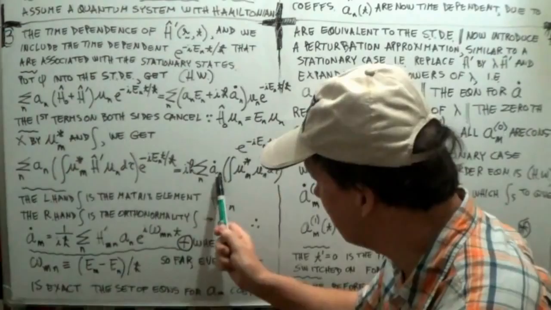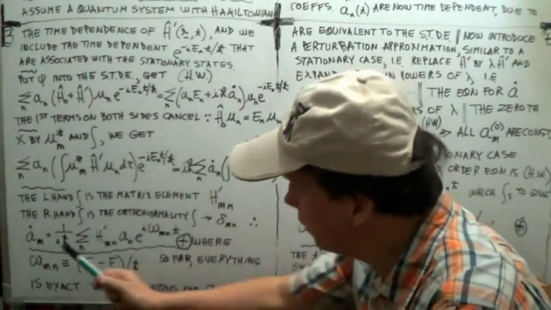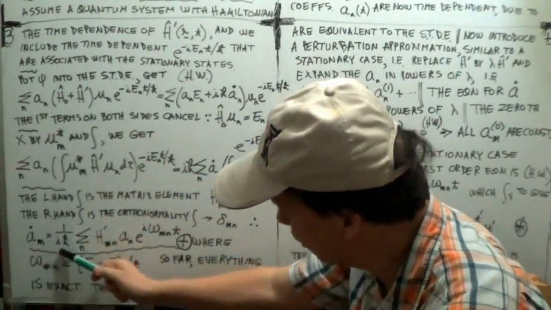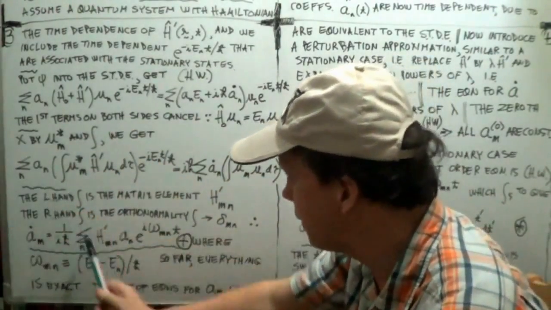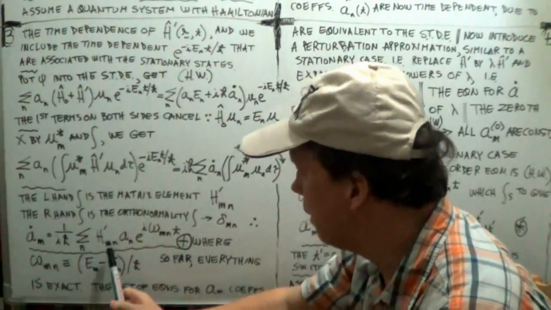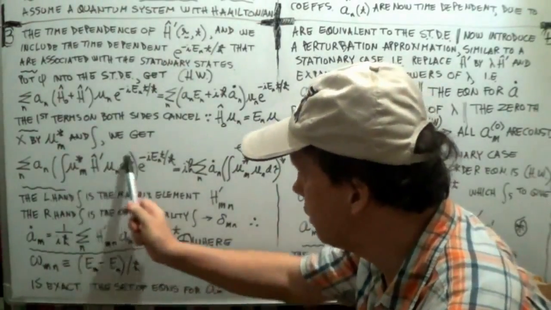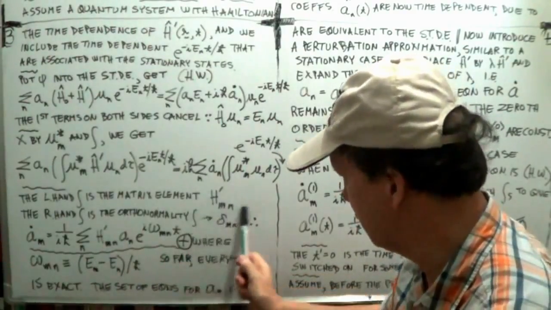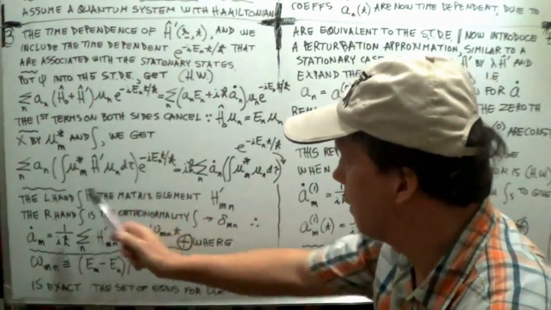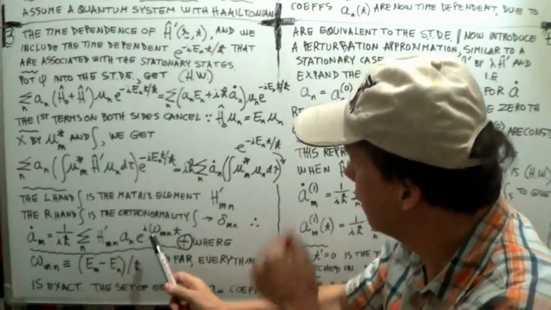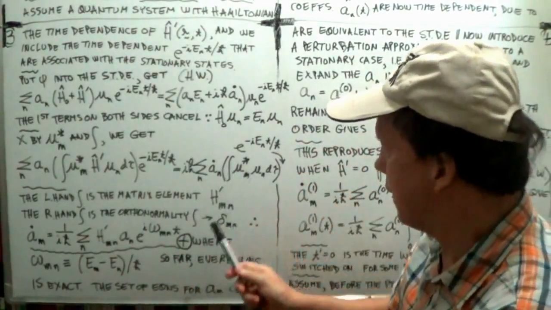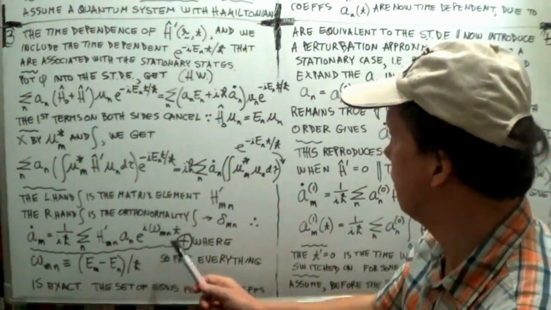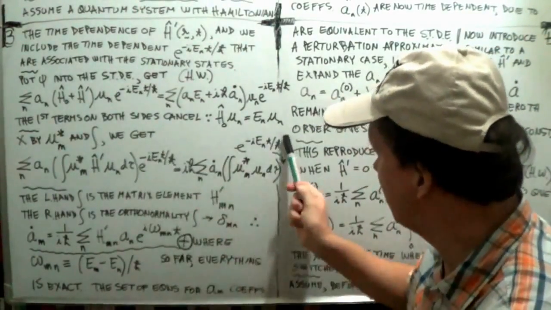So this a dot here, and there's just one of them, all the others are 0. This i h bar you take over to the other side underneath, and it's 1 over i h bar, sigma, and this you rewrite as this. Then an here, e to the i omega mn t. Now this is a bit different. Where did this omega mn come from? Well, you've got this term and this term.